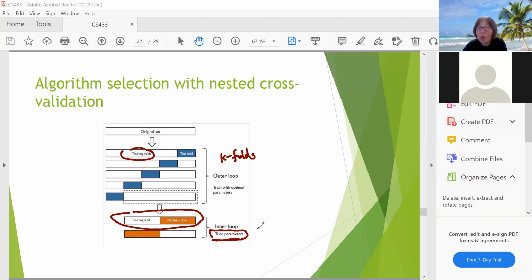Be careful, it's to tune the hyperparameters. Then for the testing part, that part is used to train with the optimal parameters.